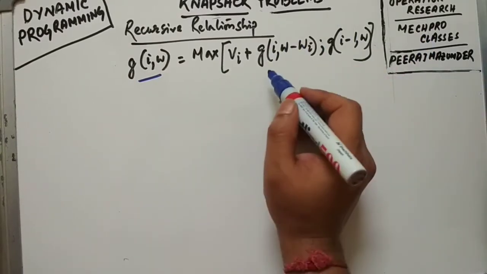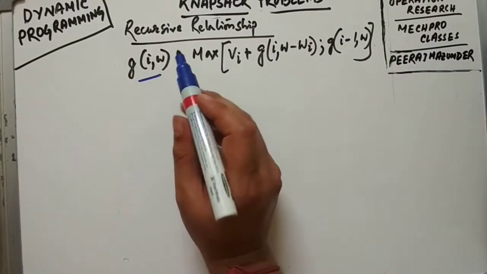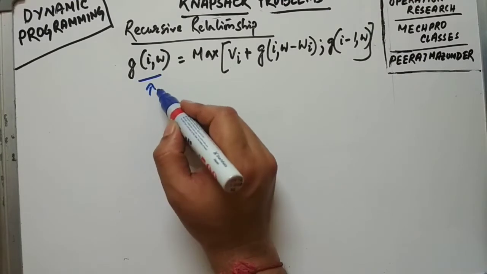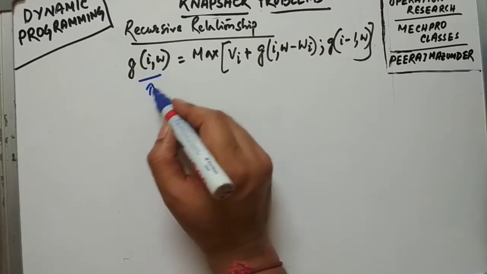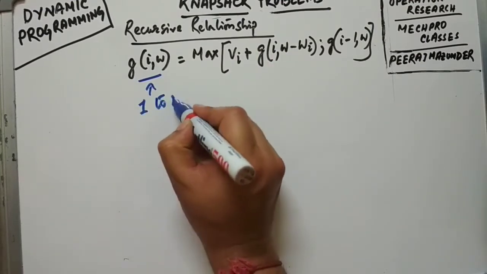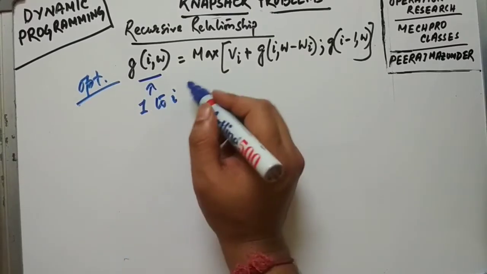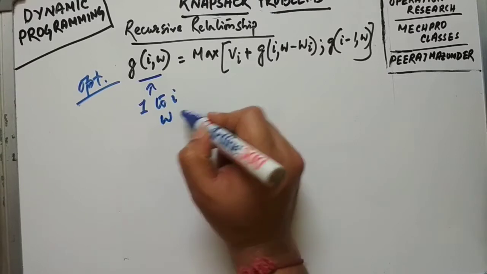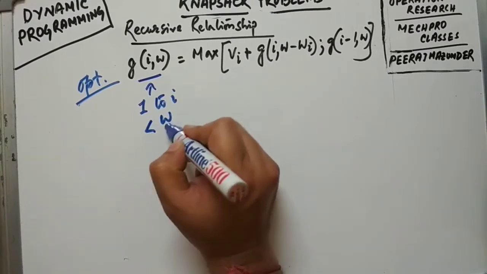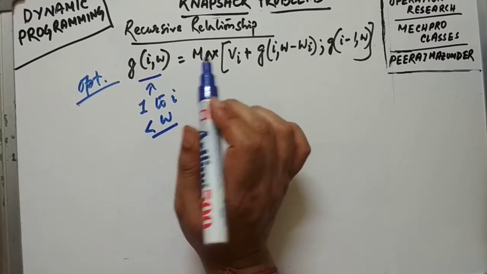Now this g(i, w) is the optimum value of the knapsack of a combination of items, say 1 to i, with cumulative weight of w or less. You should keep that in mind.